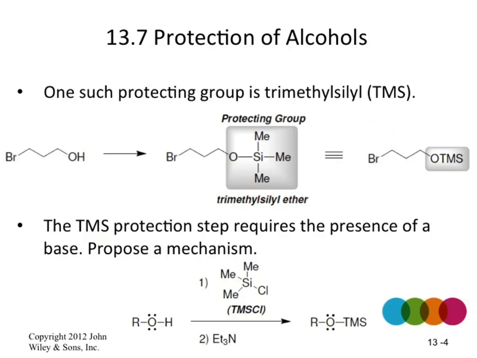We want to attach it to something electronegative, hence our halide. So our reagent will be TMS chloride. That chloride can now act as a reasonable leaving group. And what we can do is have the alcohol attack the silicon with that lone pair. That can kick off our chloride, our intermediate.